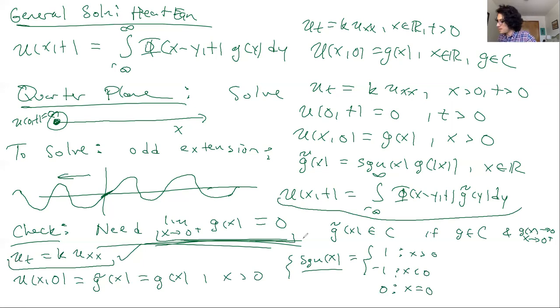Now, the next property of the solution that we need to check is just that u of 0,t is equal to, sorry, I need to move something out of the way here. Is just that essentially our boundary condition is satisfied. Okay, so we have, what's u(0,t)?